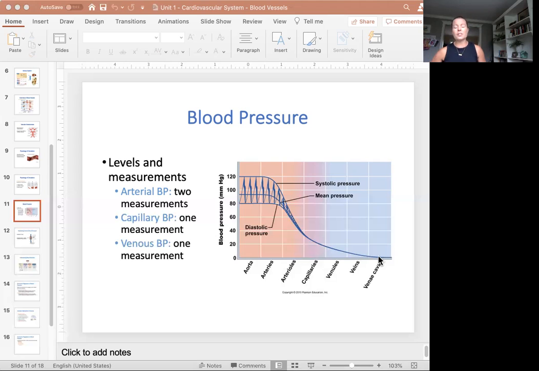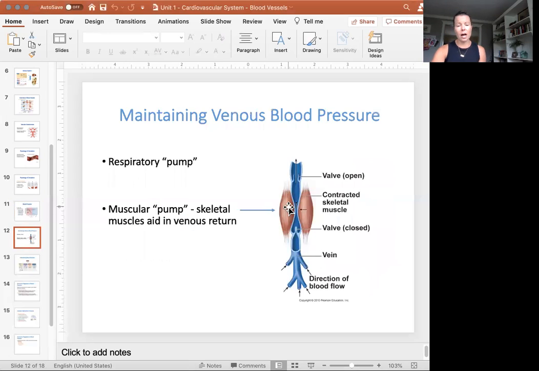So I'll start with the muscular pump. This refers to just skeletal muscles, which are located surrounding a lot of your veins. And this picture shows you an example of what this would look like. So here is a vein, and here are two muscles on either side of the vein.